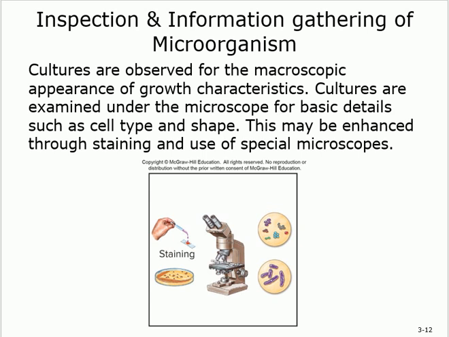Some species, you do macroscopic, look at it, put a sample under the microscope, look at what cell type and what shape, and you get the details, but others will need staining. And if that's the case, you use a special type of microscope to identify this.